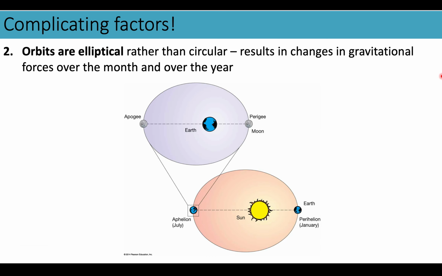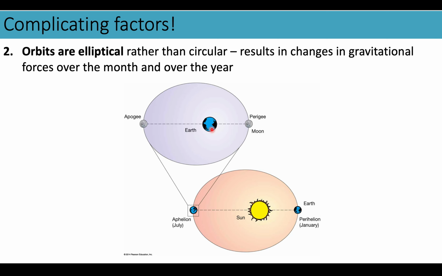So the next factor to think about is our orbits. Orbits are not circular, they're actually elliptical, just very, very slightly, but enough that it does make a bit of a difference. So this actually changes the gravitational forces over the month and over the year.